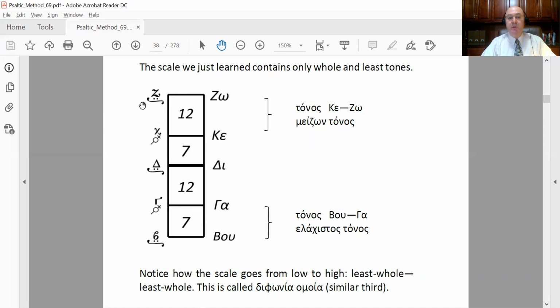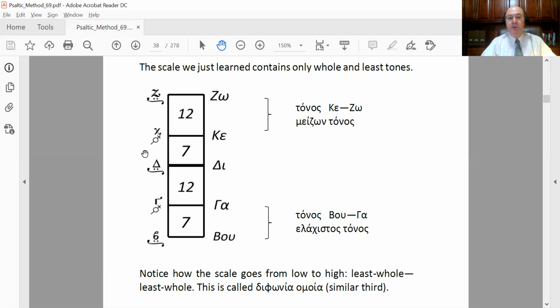The bottom part, we said, shows you how the musical intervals, how the tones go up or below that particular note.